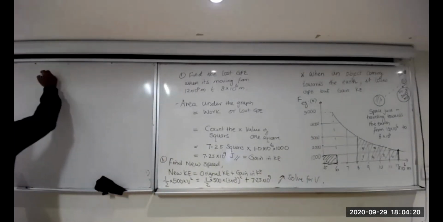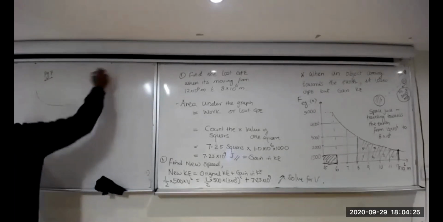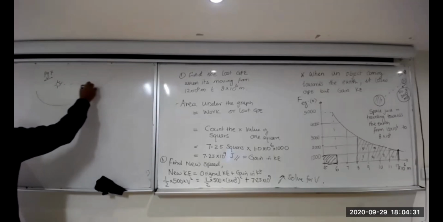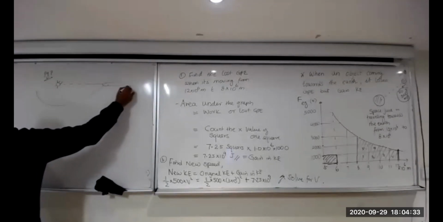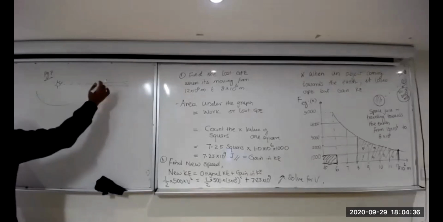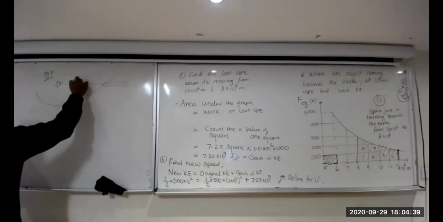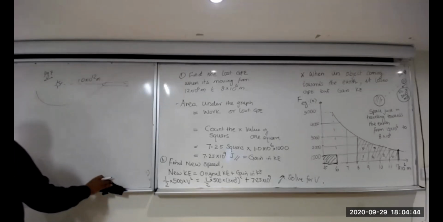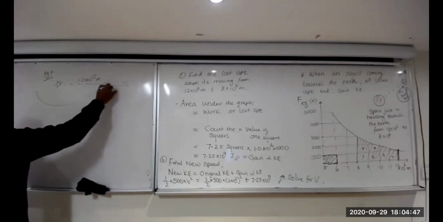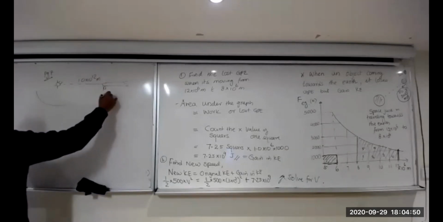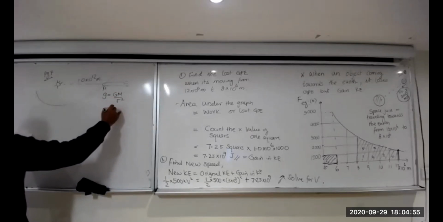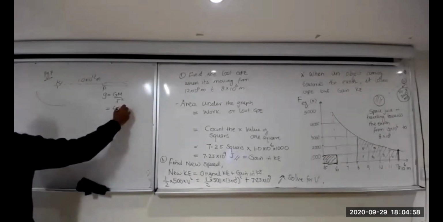This is the question, page 7. So the comet is somewhere here, like that. So that's 1 times 10 to the power 12. Calculate the gravitational field strength at that point P. Okay, 6.67 times 10 to the negative 11.